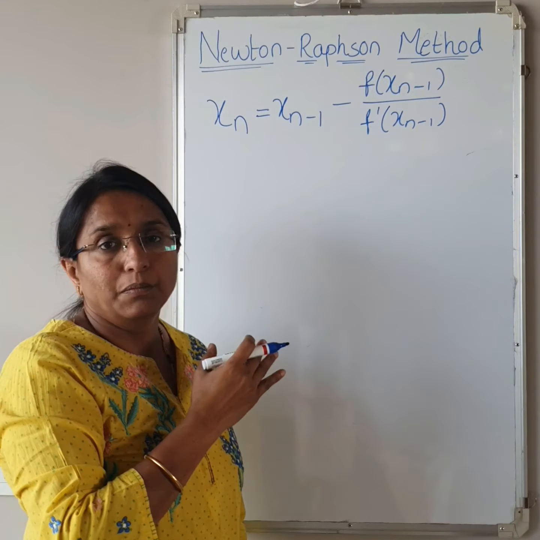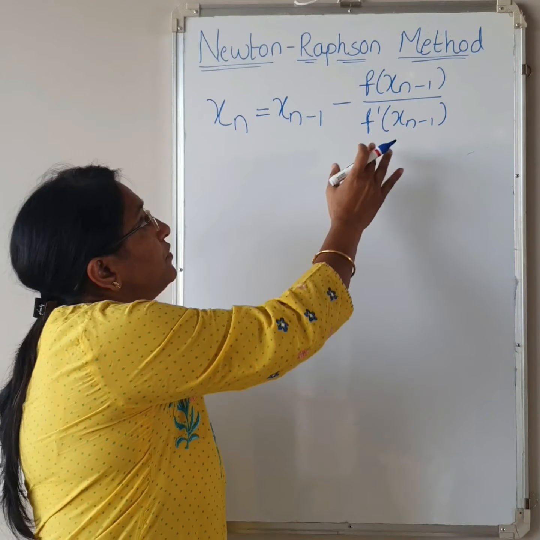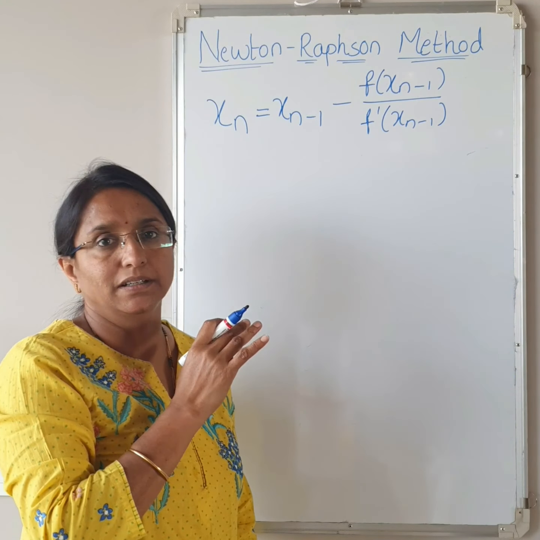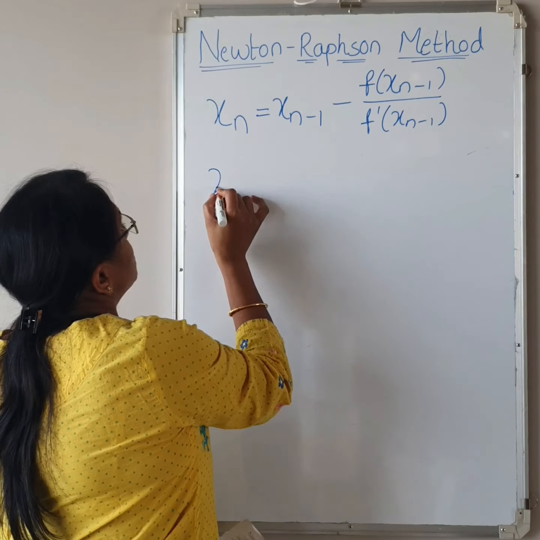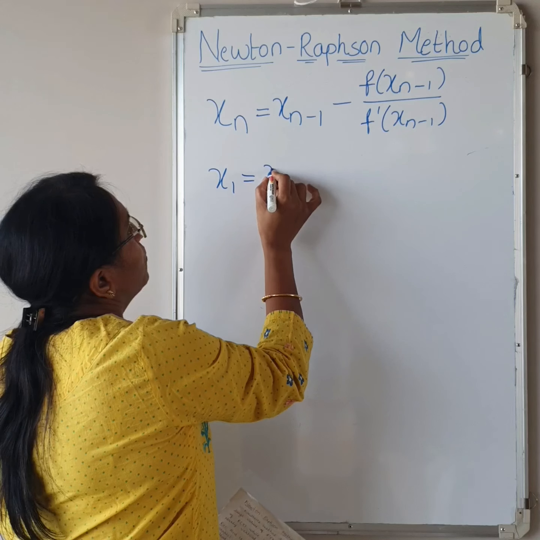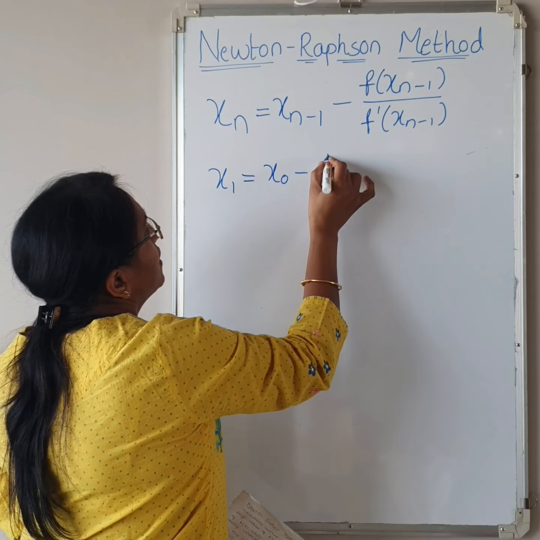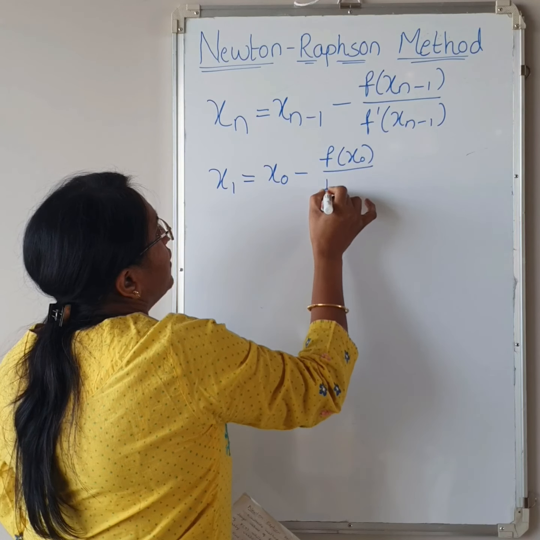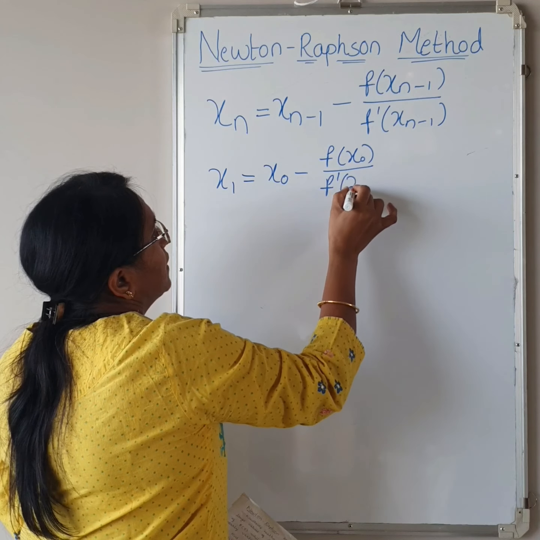Drawback of this method is here if differentiation is difficult, then we cannot apply this method. If we want first root x1, then in place of n we have to substitute 1. We get x naught minus f of x naught divided by f dash x naught.